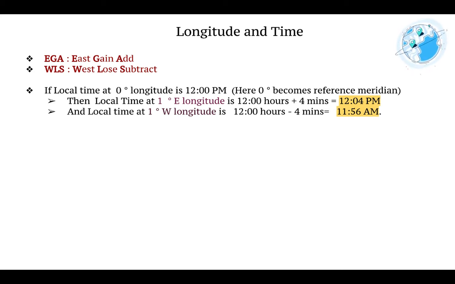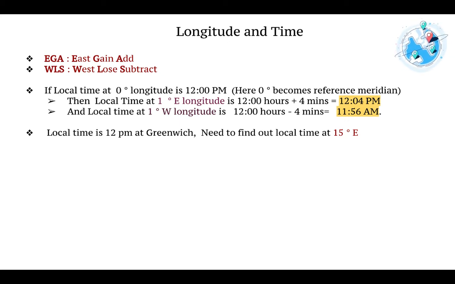Now let's go further and elaborate on that concept. All I did is I know the reference meridian and the local time of that meridian, and I know which longitude's local time I have to find. And what I did, I found the difference of longitude, correct? Second step, I calculated the difference of time, and then added or subtracted depending on which hemisphere it is located in.